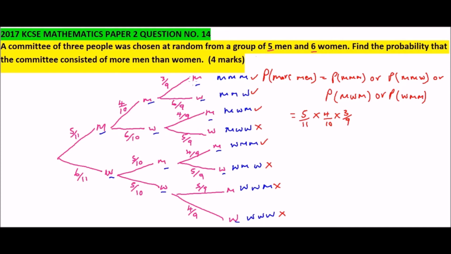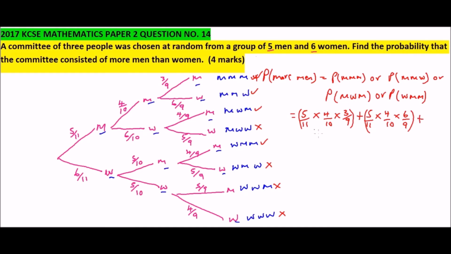So that is the first branch. So we can put the bracket. When we use OR, we add the probability. So we have the second branch, which is 5 over 11 multiplied by 4 over 10 multiplied by 6 over 9. We close the bracket.